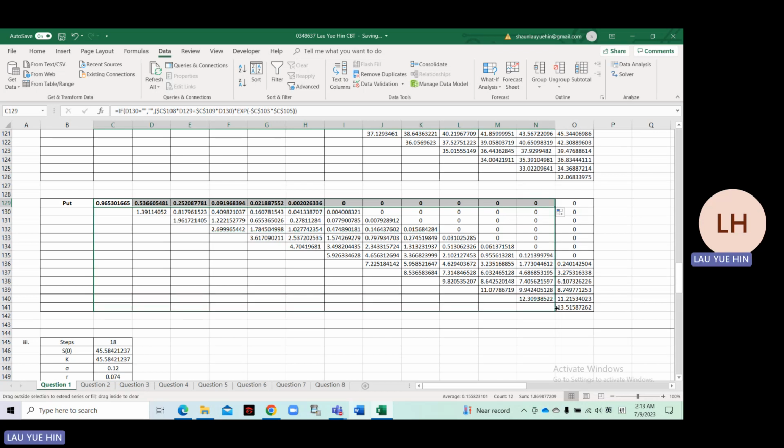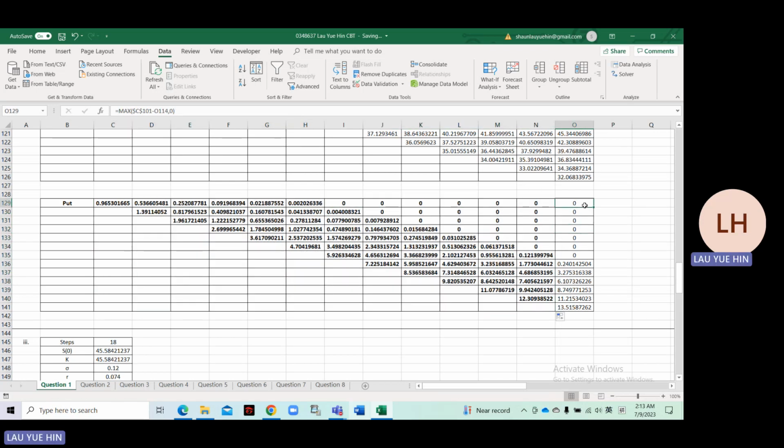The last column is the same as the call option, but since this is a put option, the formula is K minus S0. And then I'll drag everything down until here.